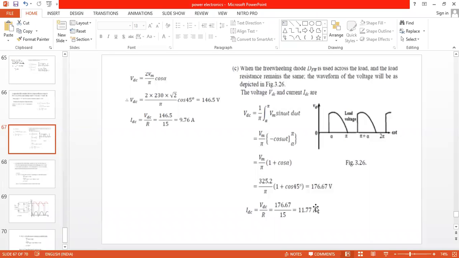So the freely wheeling diode improves the power factor. The freely wheeling diode improves the output voltage. The freely wheeling diode will never transfer the energy released by the inductor to the source. The energy released by the inductor will transfer to the motor, and from the motor to the freely wheeling diode and back to the inductor. So in this way, with the help of the freely wheeling diode, even in the absence of input supply, the motor continues to rotate.